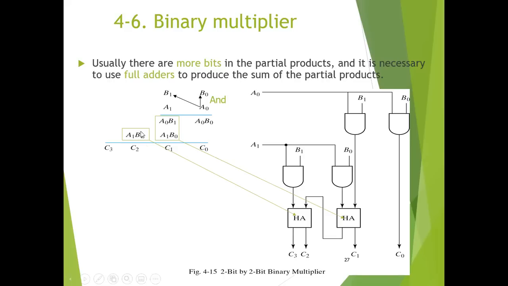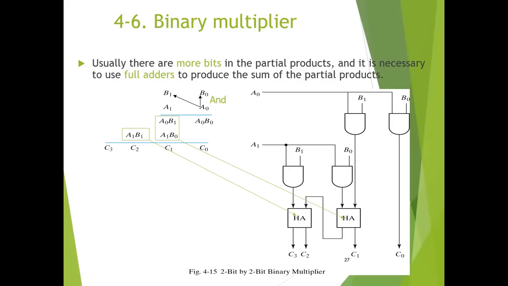So the next partial product term A1 B1 is added to the previous output carry using a half adder, and the output sum C2 and output carry C3 are obtained by using this 2-bit by 2-bit binary multiplier, as shown in this circuit diagram.